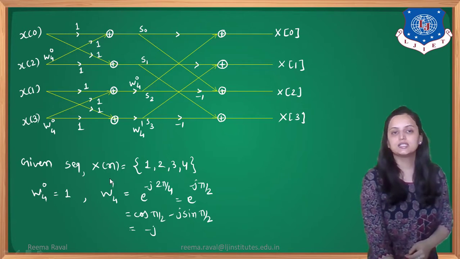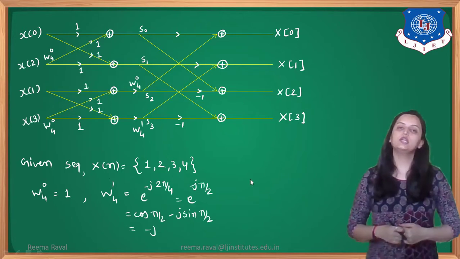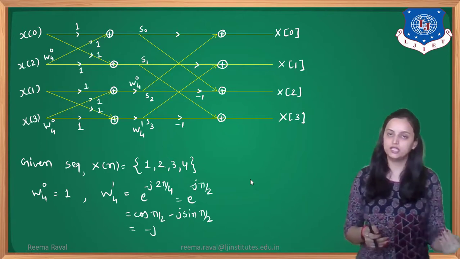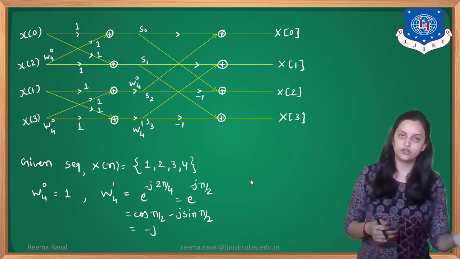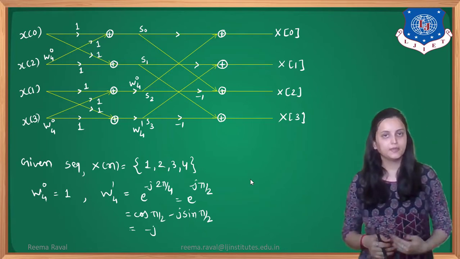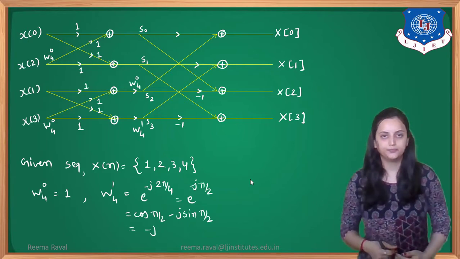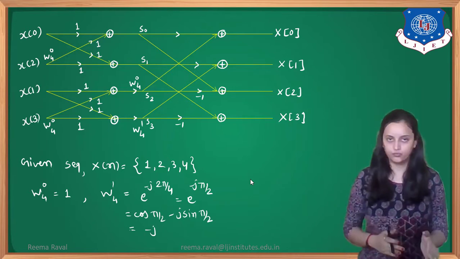Then the given sequence is x(n) equals 1, 2, 3, 4. First of all, we need to calculate the twiddle factors, and then we will obtain the outputs of these 2 stages. That means the output of stage 1 we will take as S(0) to S(3), and then the last will be X(0) to X(3). So W4^0 equals e raised to 0, that is equal to 1.